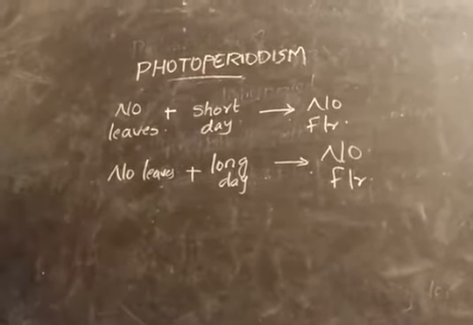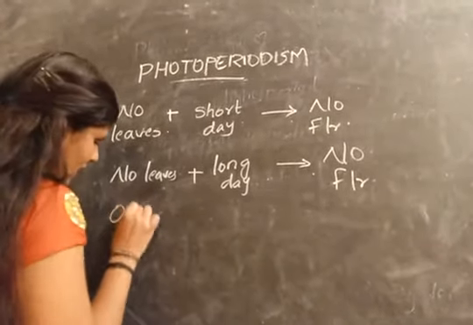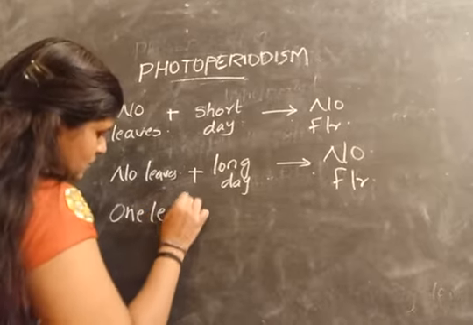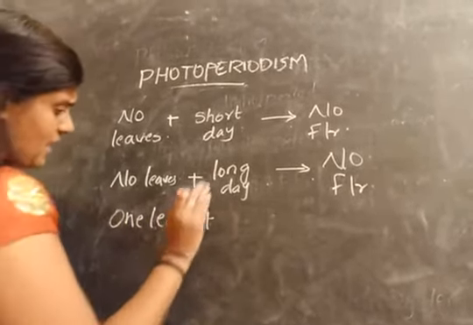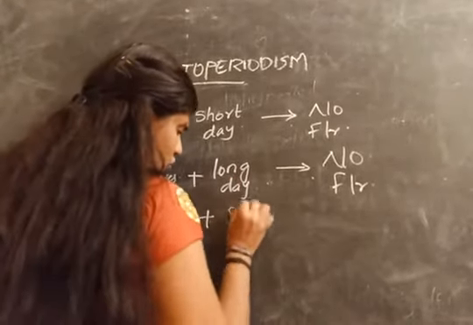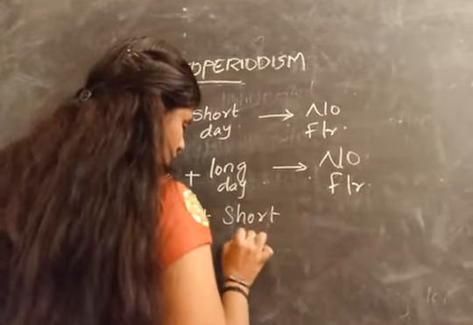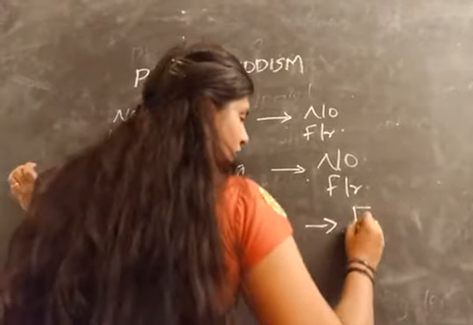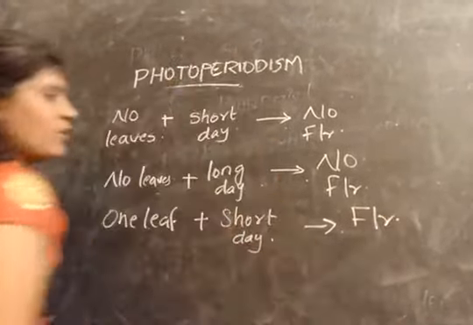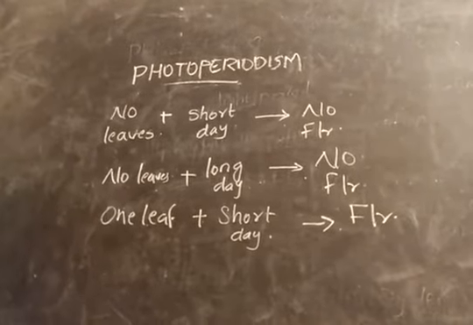Then they kept only one leaf on the plant and gave it short day condition. Flowering occurs.